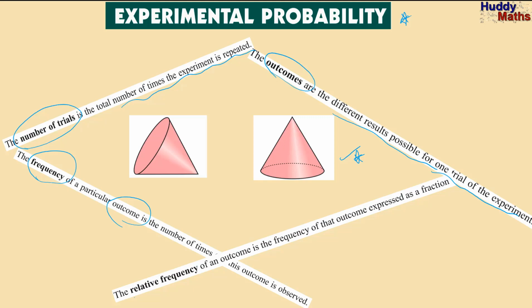And here's the important thing in our work with experimental probability. The relative frequency is the frequency of that outcome expressed as a fraction. So it's how many did you get out of the total. It's very, very similar to our basic definition of theoretical probability, where it's the number of times the outcome could occur over the total number of outcomes in the sample space.